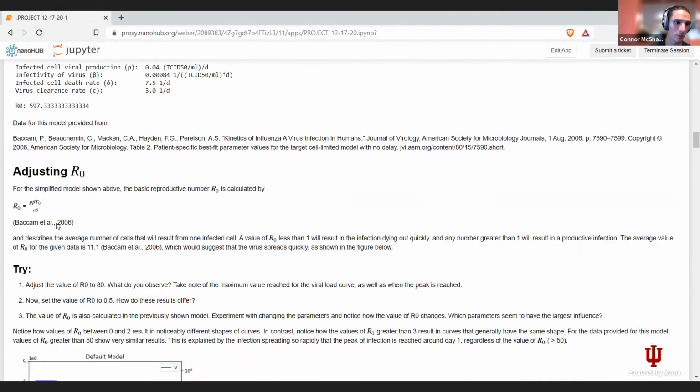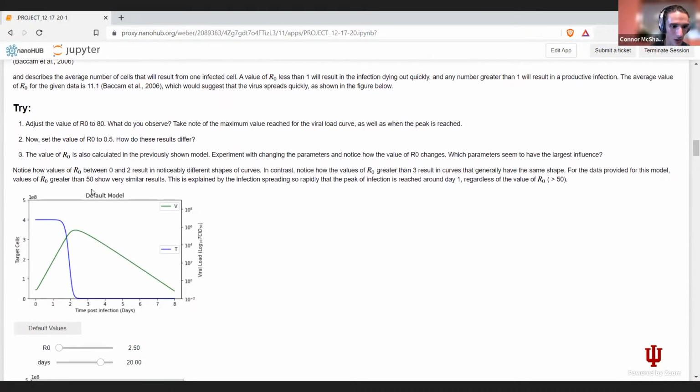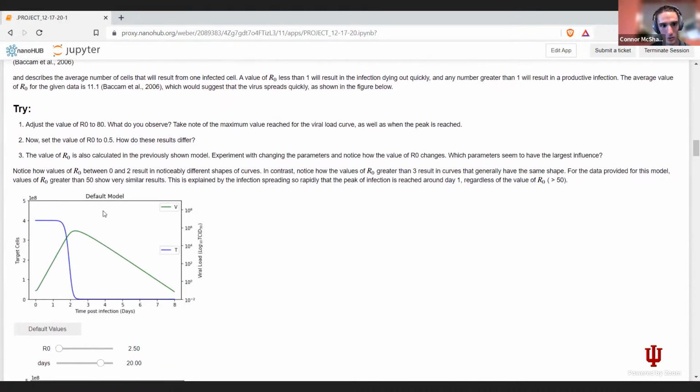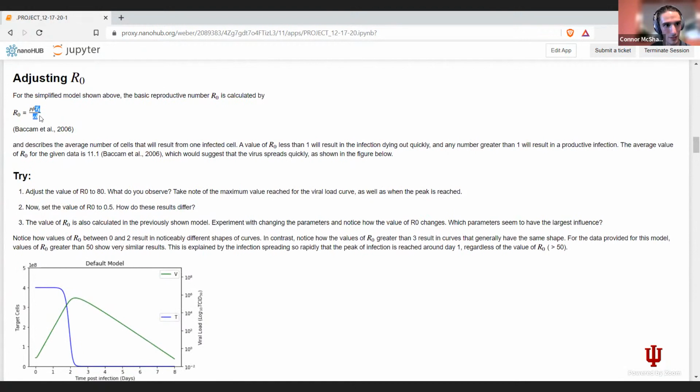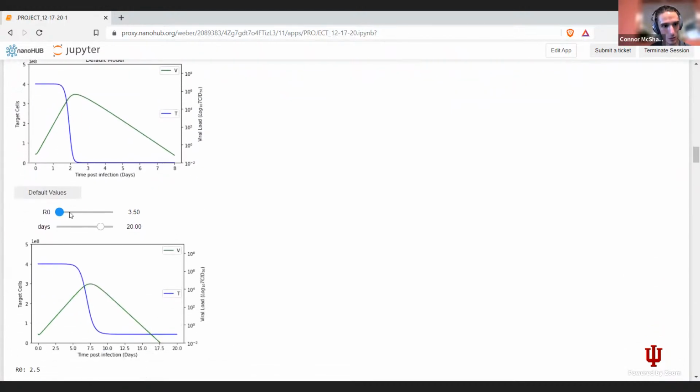And then they also talk about R naught here, and they frame it as a parameter. So basically they had the derivation here, and they cite the source that they're using for that. And what you can do is change the value of this.